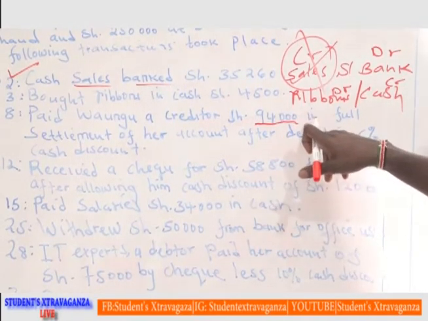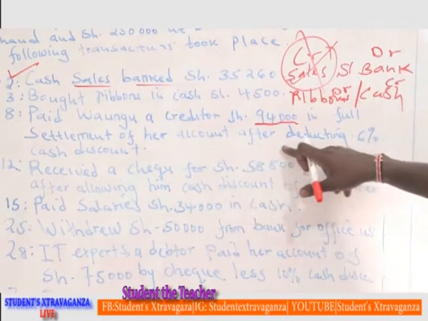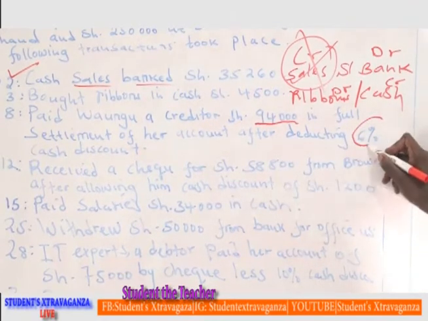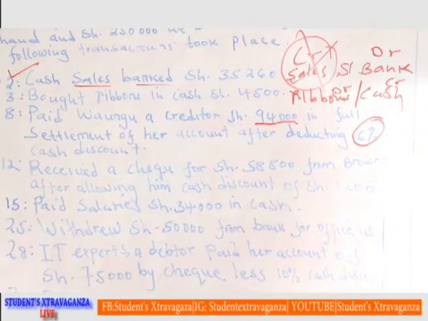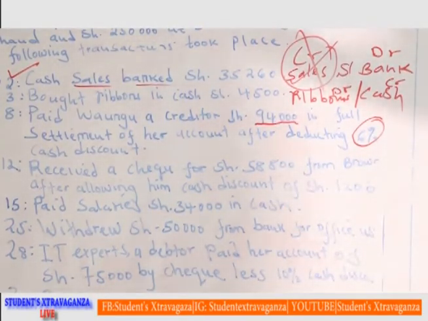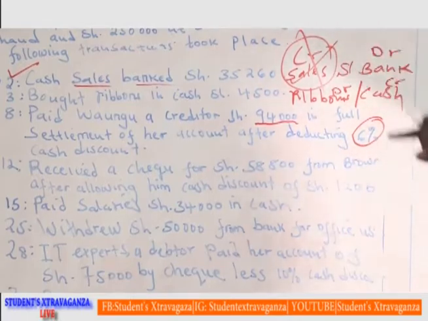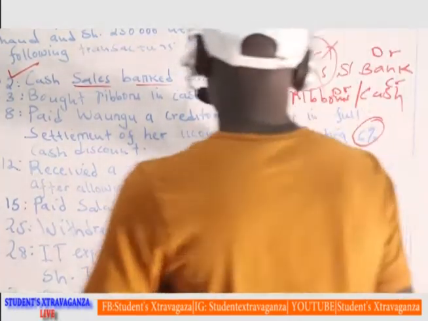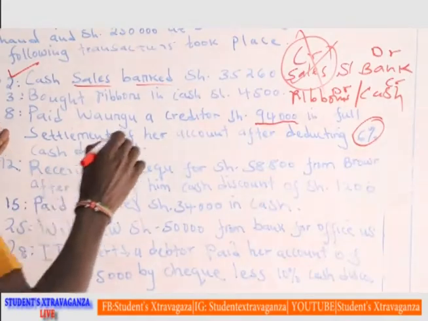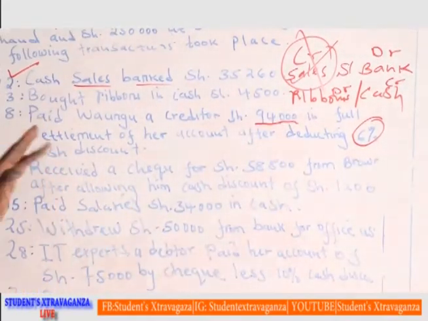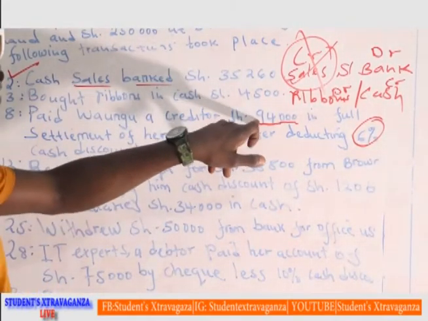Meaning Waungu allowed a 6% cash discount to Jumbo Traders. So, meaning Jumbo Traders owed Waungu more than 94,000.